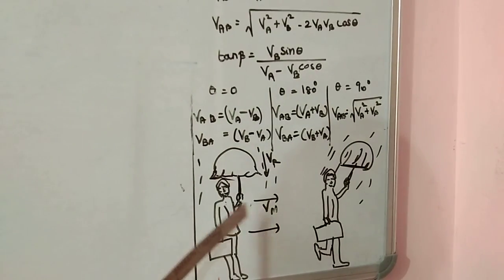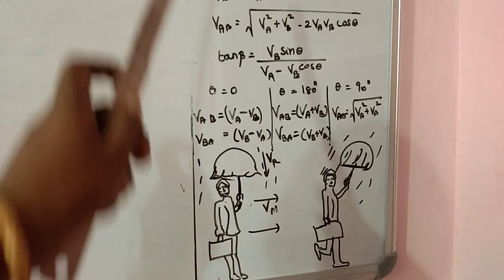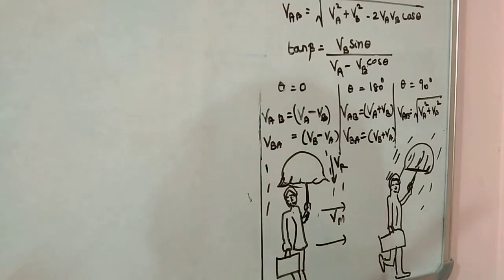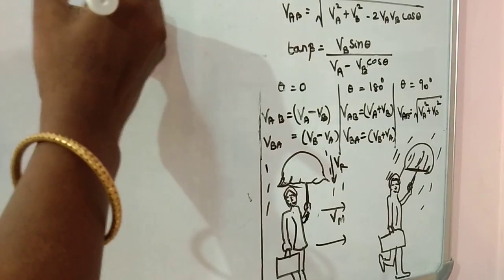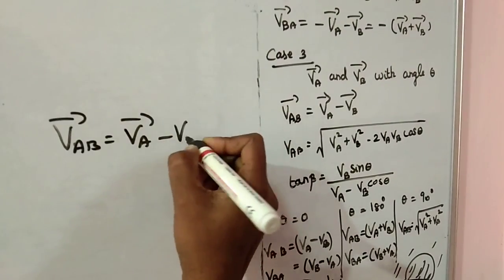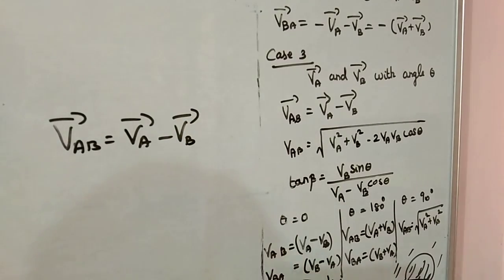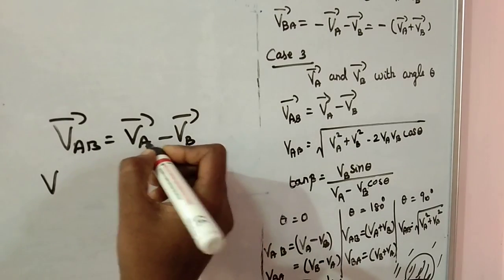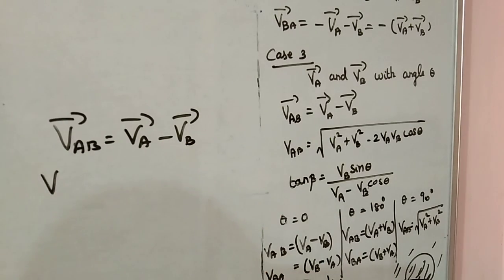Consider this figure. The man moves with velocity Vm, and the rain falls with velocity Vr. So this is like the third case, making an angle theta. The resultant is given like this: VAB equals VA vector minus VB vector, and we find the magnitude VAB. Here VA and VB are VM and VR.